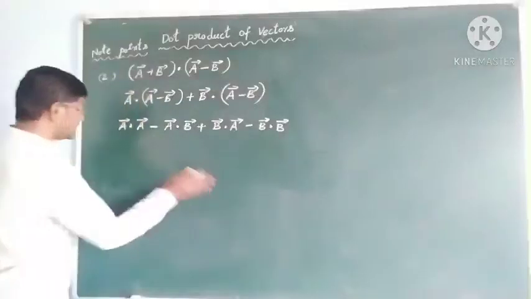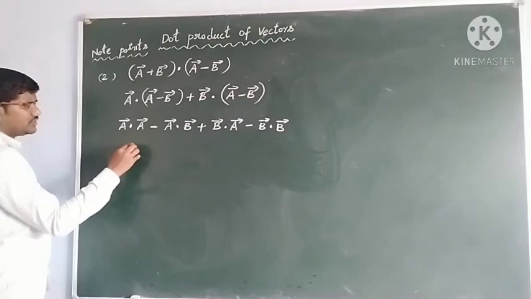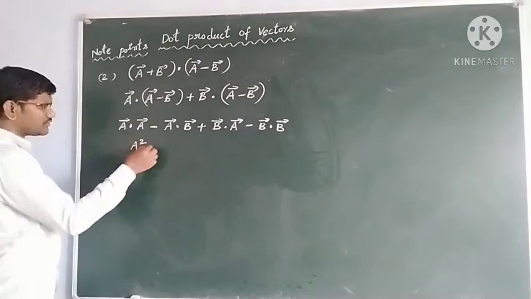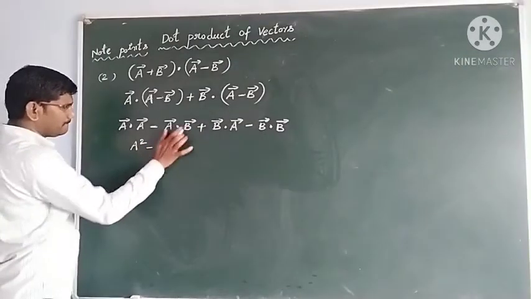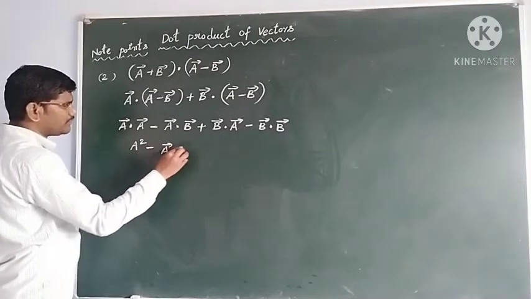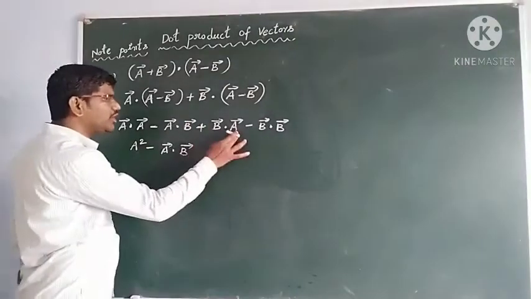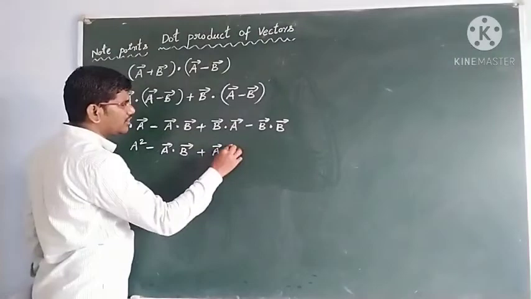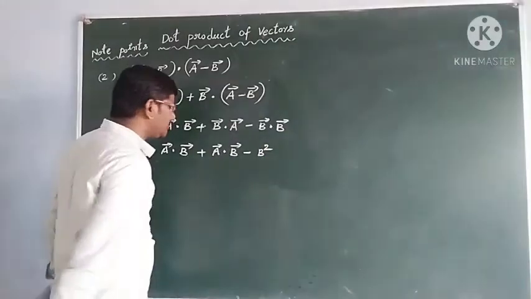Okay students, then a bar dot a bar is equal to a square. So a bar dot a bar is a square minus... what do we have here students? a bar dot b bar is a bar dot b bar only, plus b bar dot a bar can be written as a bar dot b bar, minus b bar dot b bar, you can write it as b square.